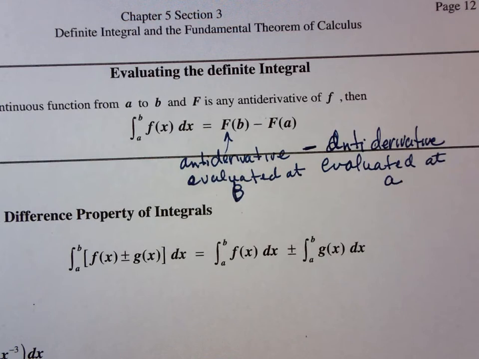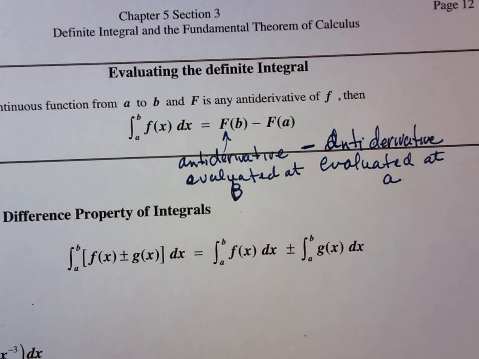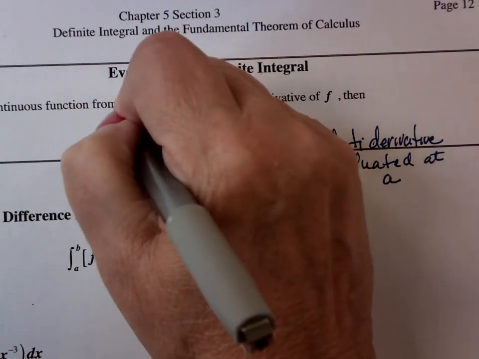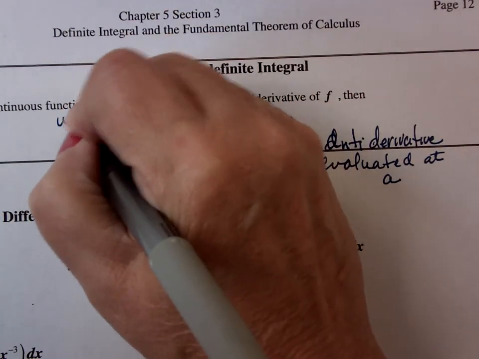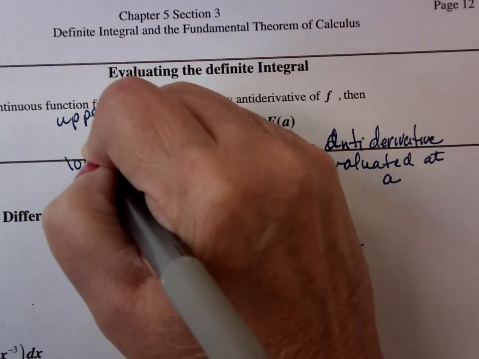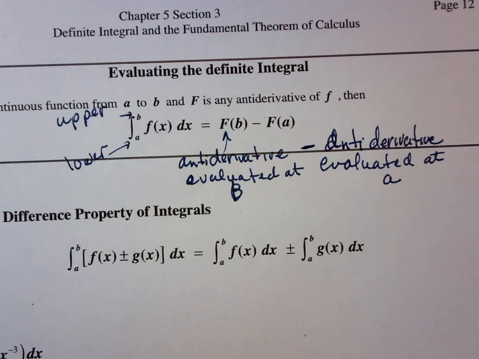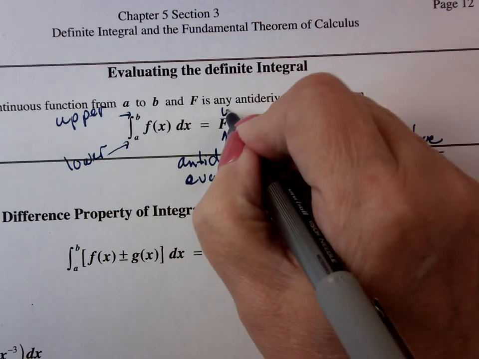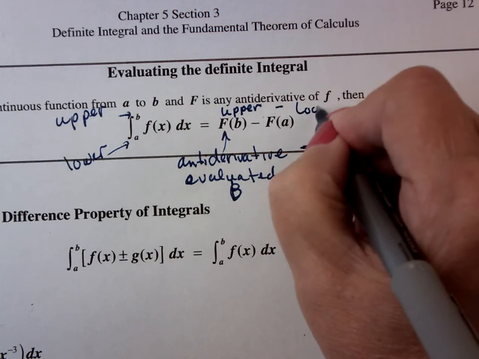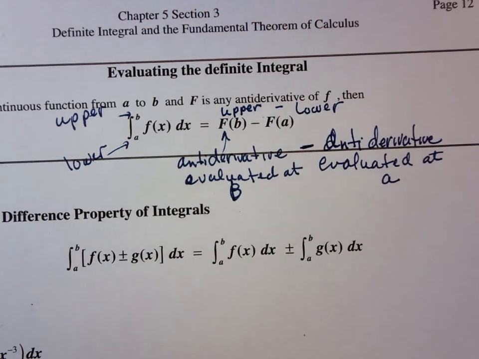In other words, you're going to evaluate the two resulting functions. And normally, if this is the upper value and this is the lower value, this is going to be the upper, subtract the lower when you're doing the evaluation.